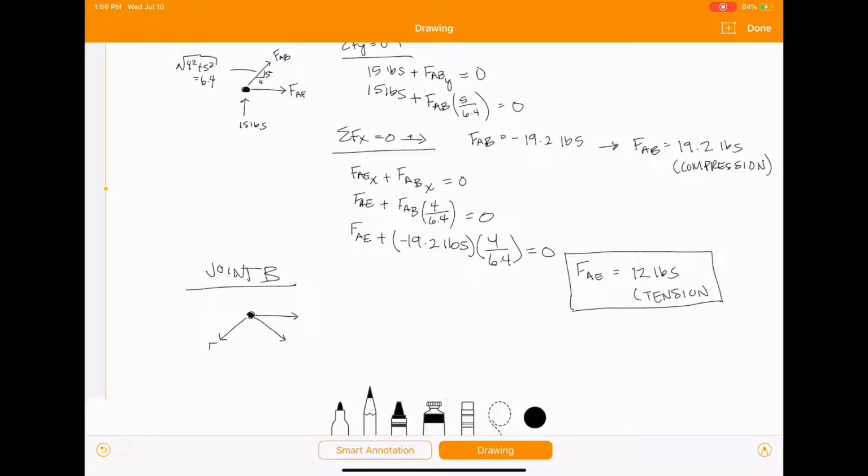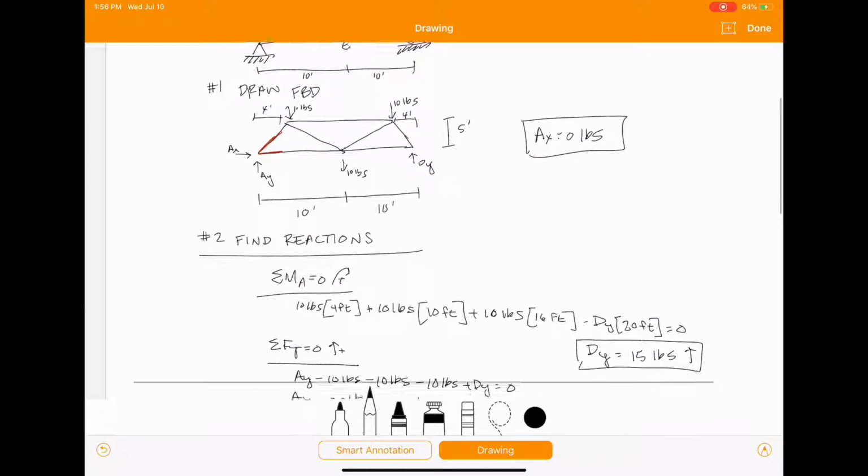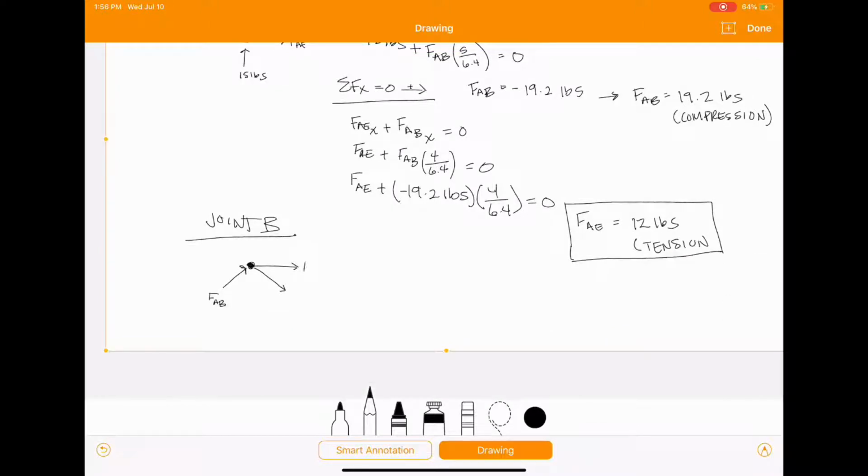However, this here is FAB, which we found up here to be in compression. So I'm going to go ahead and change the direction of this arrow because we know that it's in compression. So we're going to draw it towards the joint. It's going to be FBC and FBE.